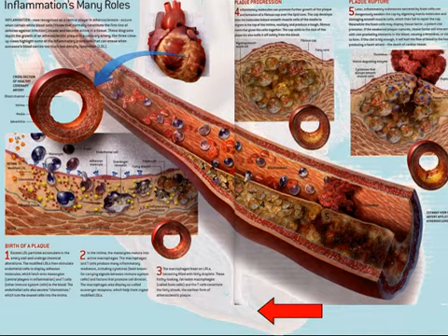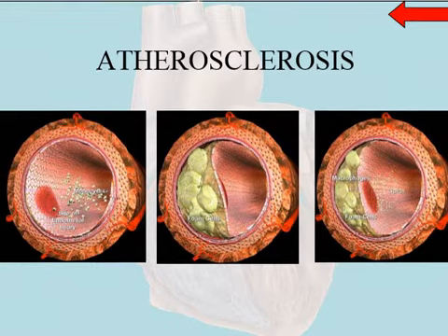We find that the cholesterol, a particular type of cholesterol, moves into the wall of the vessel. The type of cholesterol that moves into there we call low-density lipoprotein. So the LDL cholesterol moves into the wall of the vessel.